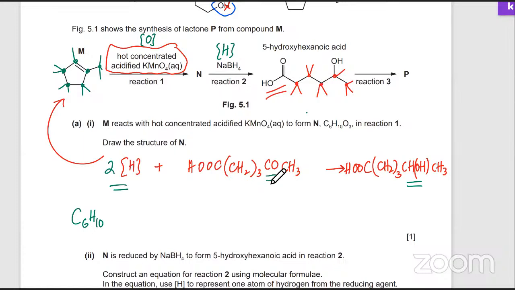अच्छा, so this one, okay, I'm just trying to make an equation for oxidation of this thing. C6H10, okay, that's H10. And it's going to get oxidized. So after oxidation, what was the product that was formed?